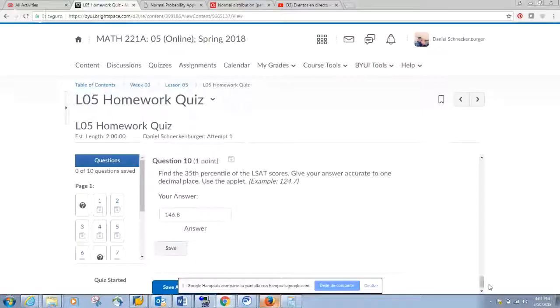Okay, when I did it again using a z-score table, I found one that gave the z-scores based on the percentile.